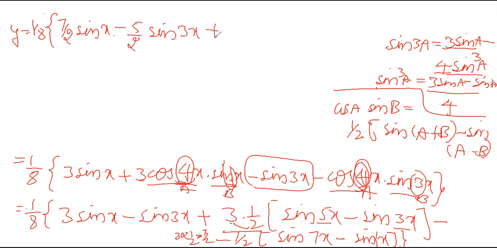Observe this one, last one and that one: sin 3x plus 3 by 2 sin 5x. Each term I write here: 3 by 2 sin 5x minus 1 by 2 sin 7x.